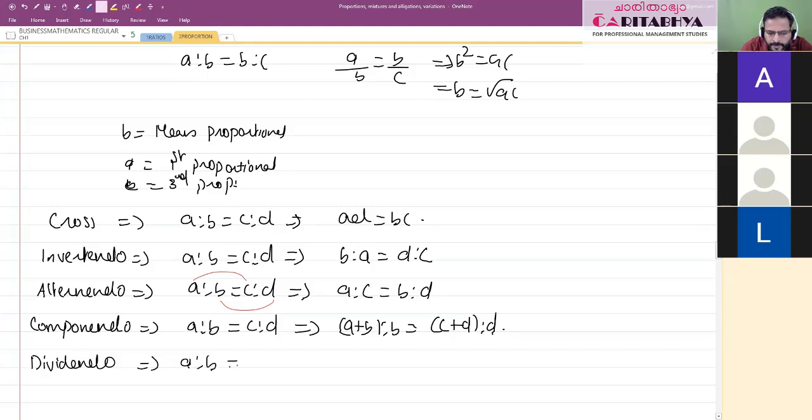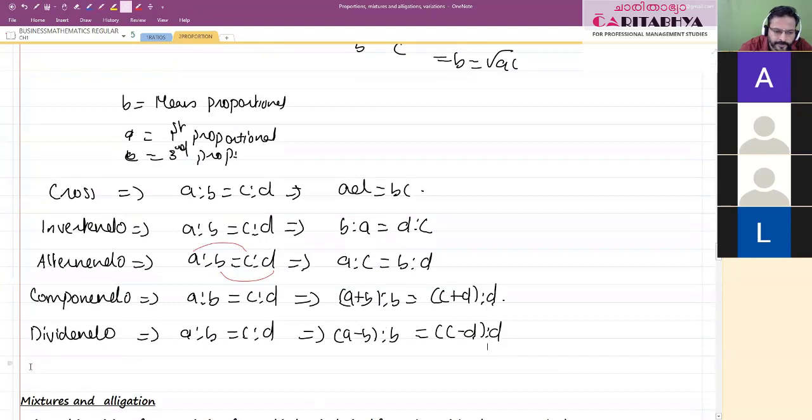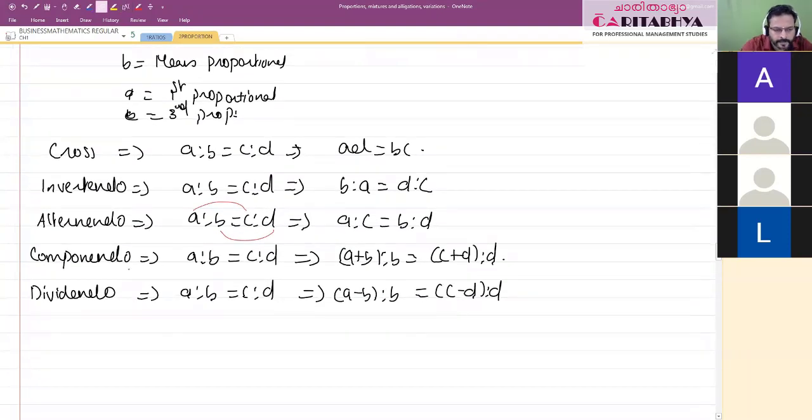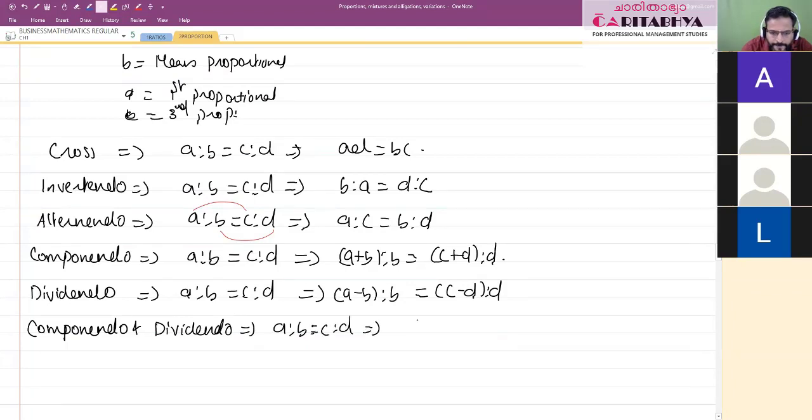Given proportion A is to B is equal to C is to D, that implies A minus B is to B equal to C minus D is to D. Then componendo and dividendo property. A is to B is equal to C is to D implies A plus B is to A minus B is equal to C plus D is to C minus D.